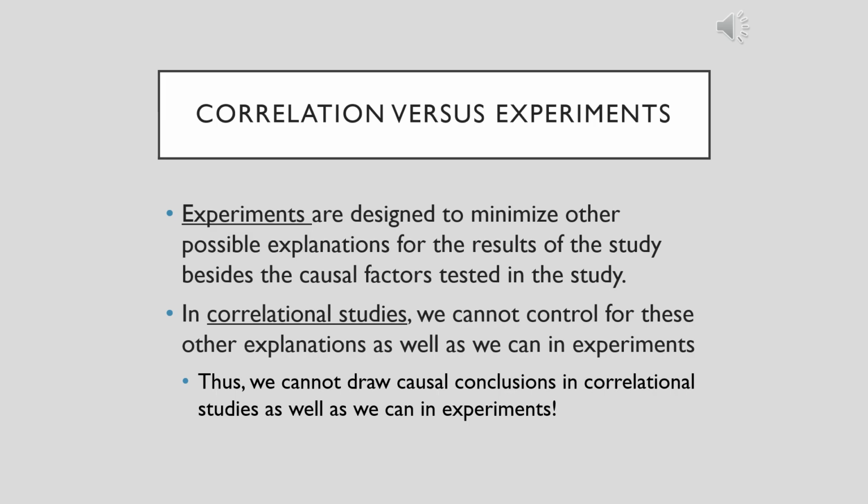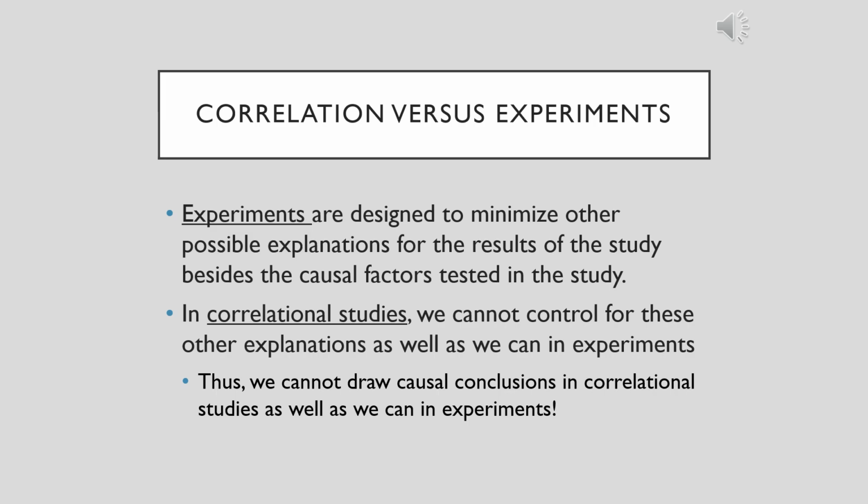But in correlational studies, we're not randomly assigning people to anything. We're not actually controlling their environments in any really specific way. And so we can't say that I've controlled for all the other factors, so the only thing that could affect the outcome variable, the dependent variable, is whatever I've changed, the independent variable.